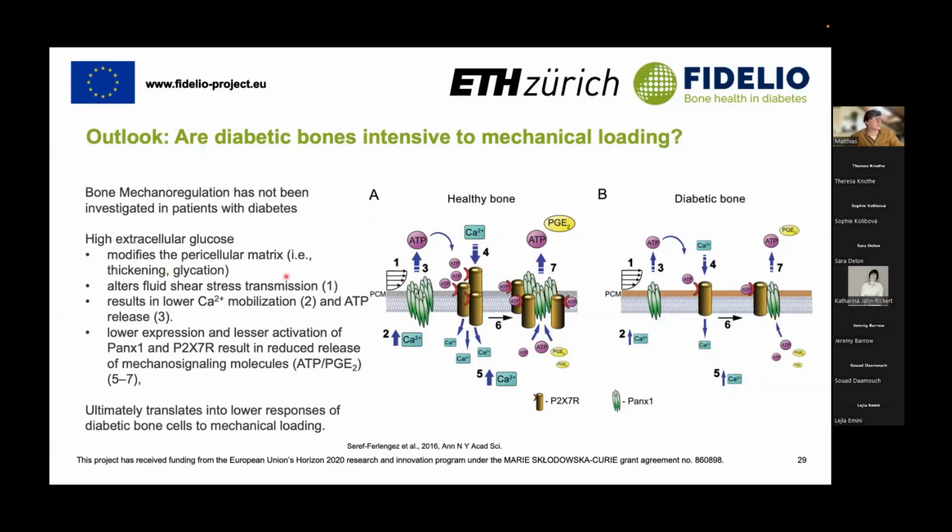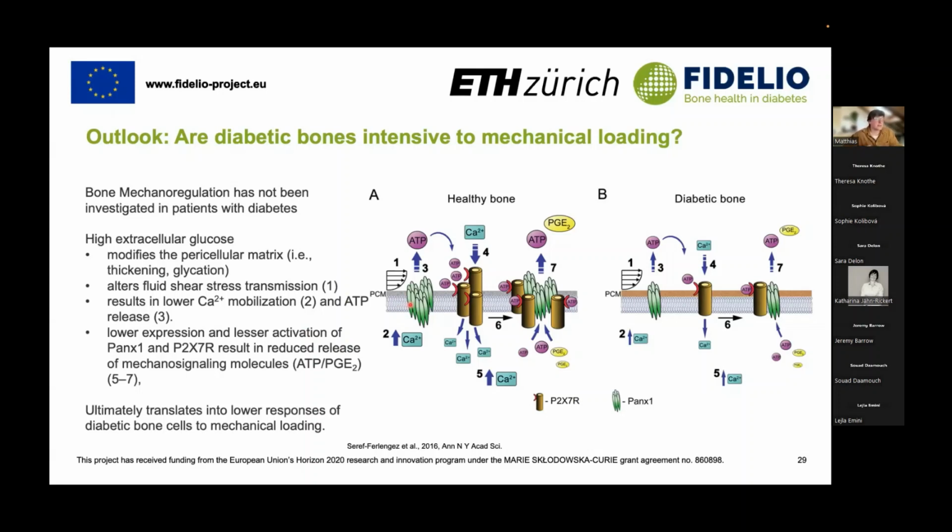believed that high extracellular glucose modifies the matrix by increasing the thickness or including glycation end products, which then alters the fluid shear stress transmission mechanisms, which results ultimately in lower calcium mobilization and lower ATP release.